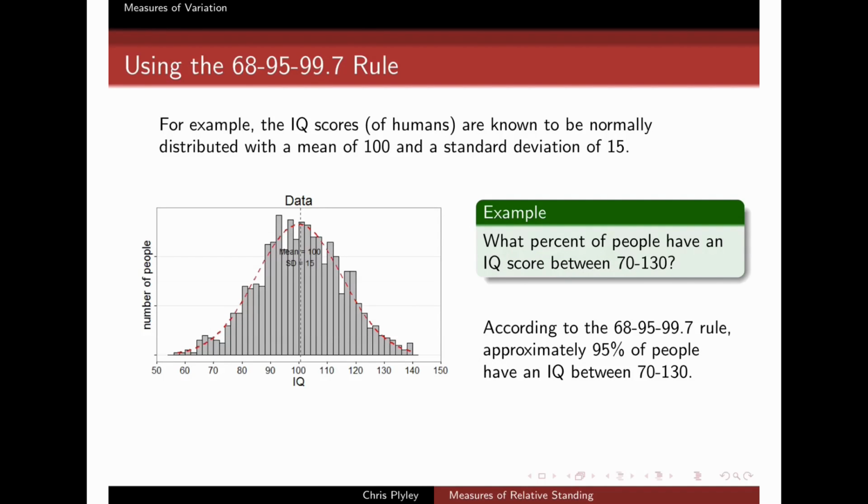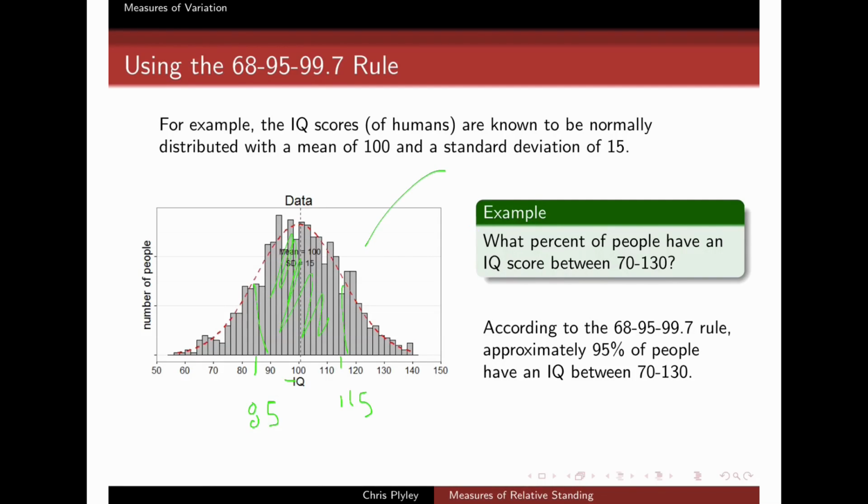And so along the same lines, using the rule in the very same manner, remember I could have also used this to determine, suppose that instead of saying between 70 and 130, I asked you for the percentage of people who have IQs between 85 and 115. All you would have to do is recognize that this means exactly one standard deviation away from the mean.